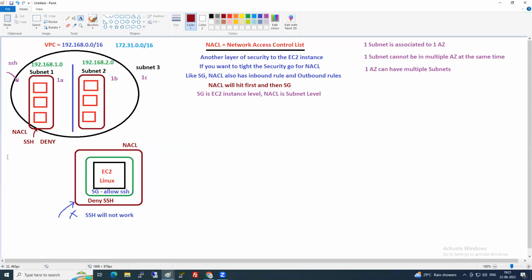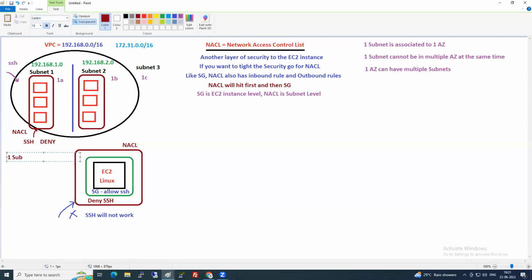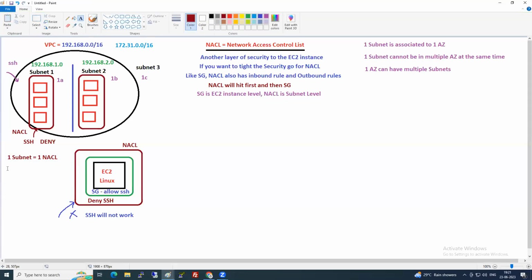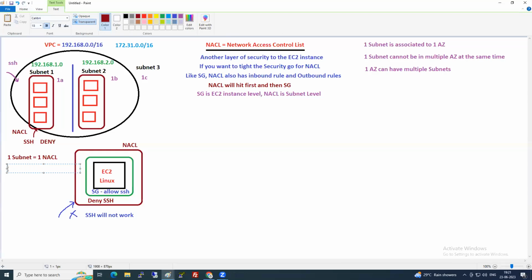Now question. One subnet is associated to one NACL. Agree? One subnet can be in multiple NACLs at the same time? No, right? One NACL.